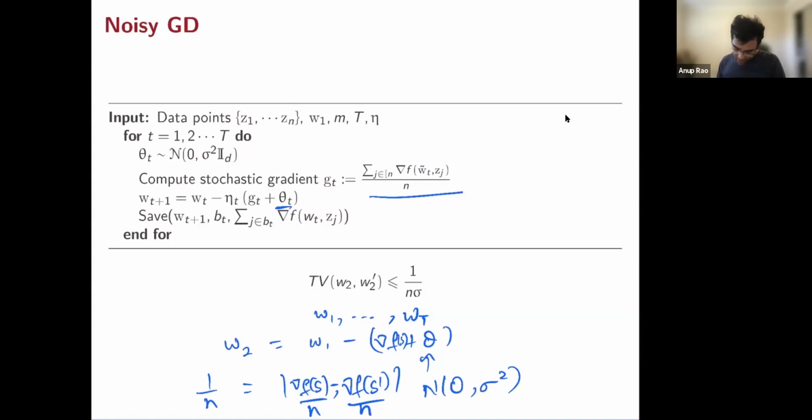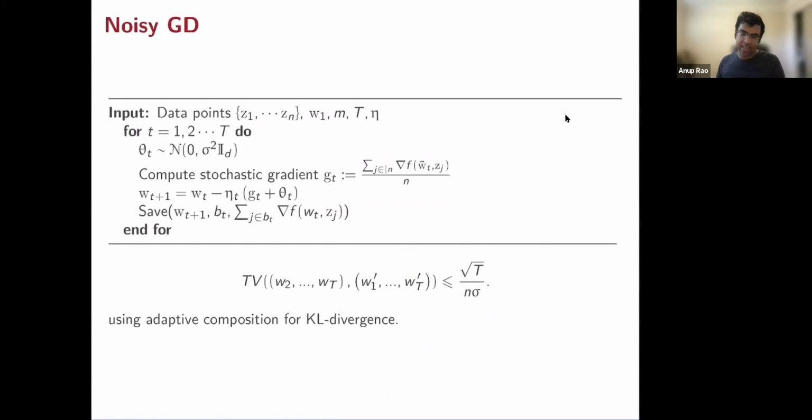And then we know the total variation bound for that. It is 1 over n sigma. And we have to do it over T iterations. There are some things called adaptive composition theorems. It gives us that the total variation distance between the joint distribution over all iterates scales like square root T.